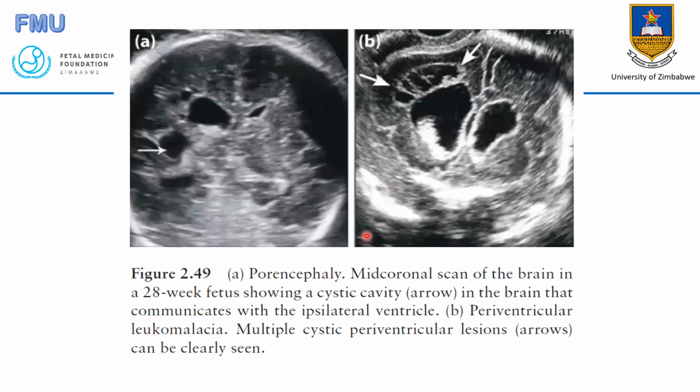So these are the cysts. You can see the porencephaly cysts within the brain. They are different from the Lissencephaly appearance. We can see they are normally unilateral, the cysts within the brain.